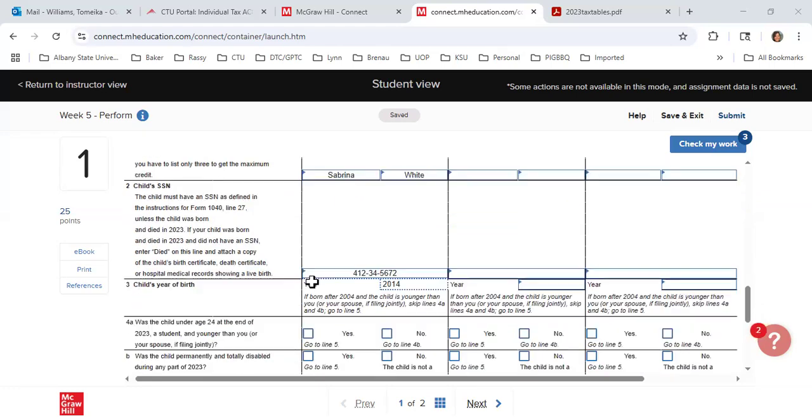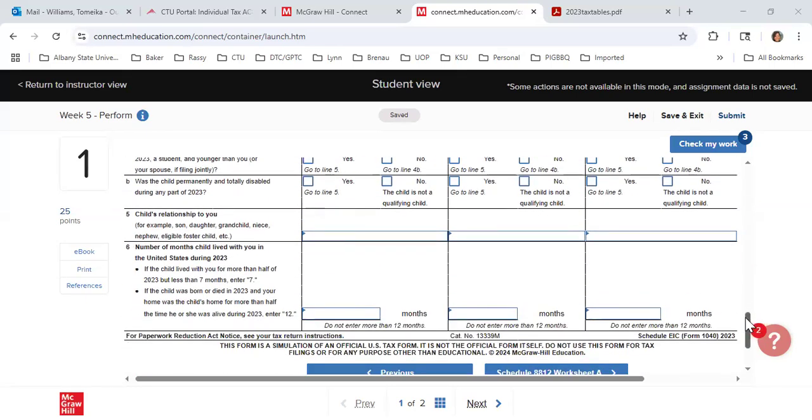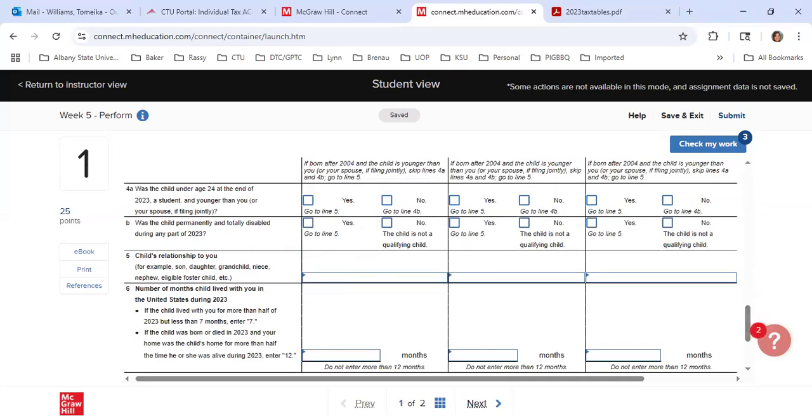All right, so now we're going to go down to the bottom half of this form. And it's stating, was the child under the age of 24? We're going to select yes. And box B does not apply here.